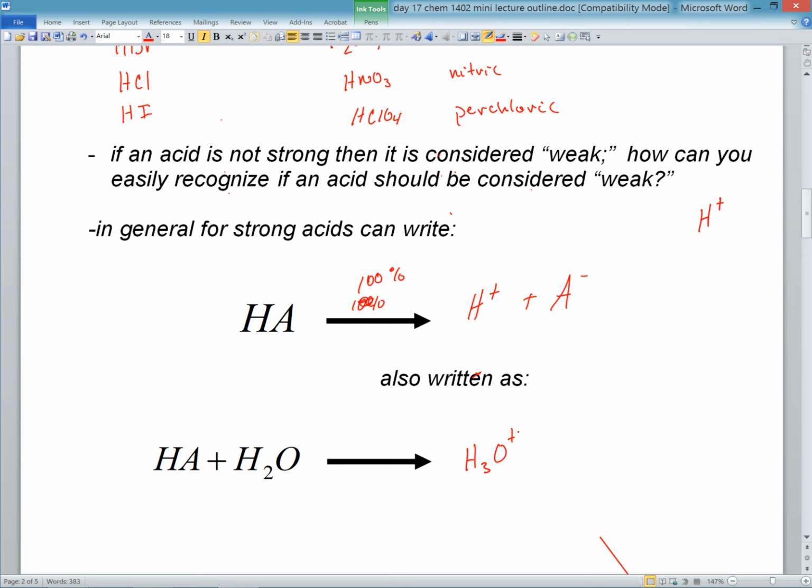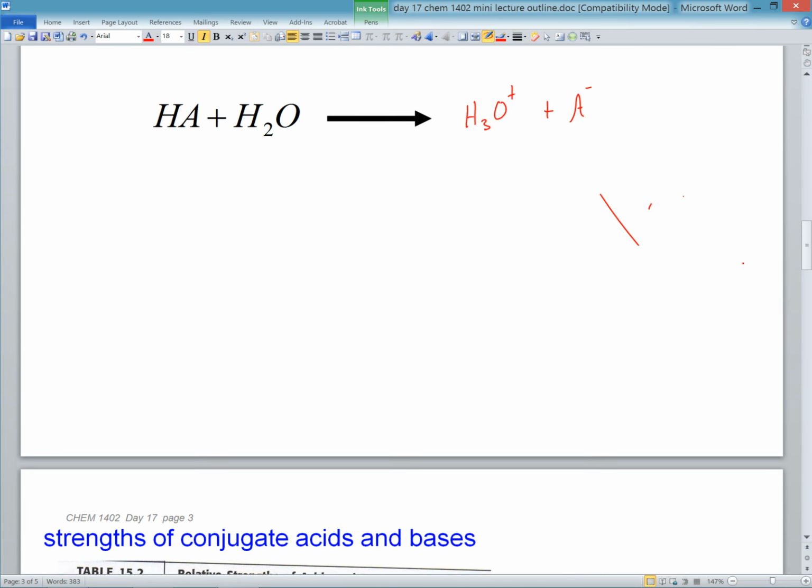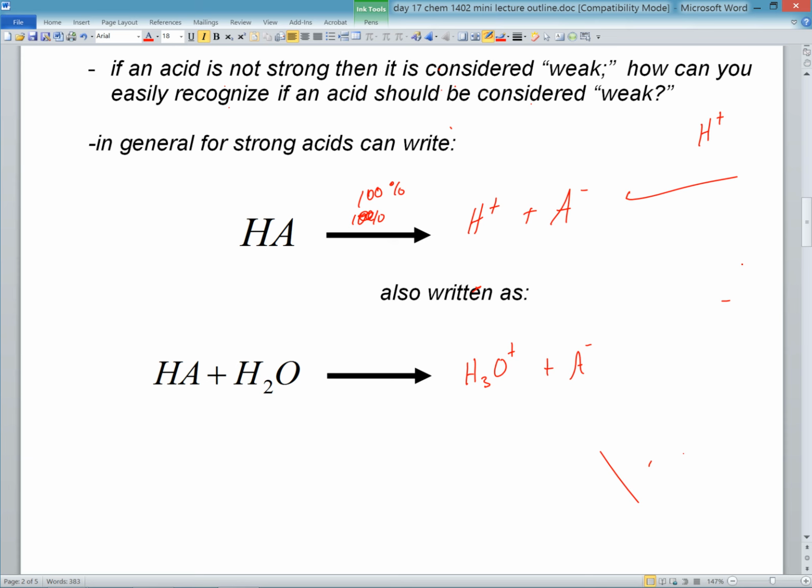We're still left with what? A with a minus. Okay. But this is how we'll be writing it all the time. Otherwise, we have to add water to both sides, and folks just don't like doing that. Yeah, it's understood that this is really that.